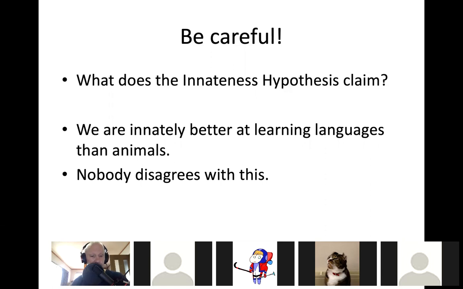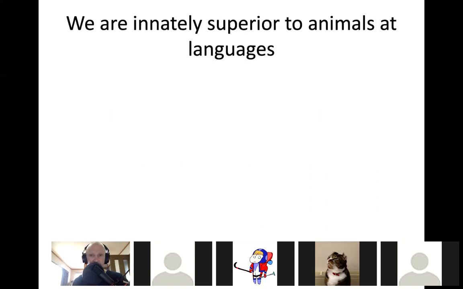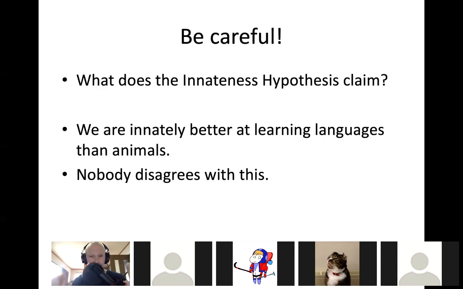But animals are innately better at learning their animal language than we are. So that doesn't really prove anything. That's not the innateness hypothesis. Many people will talk as if it is, but it isn't.